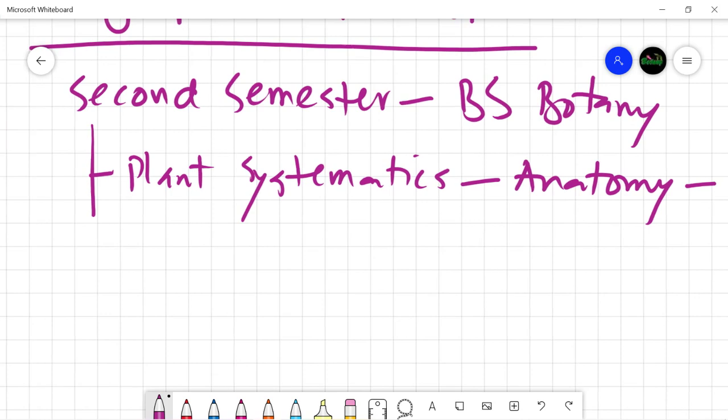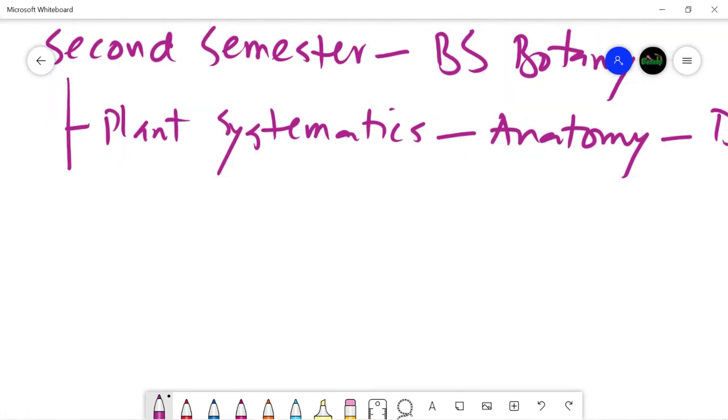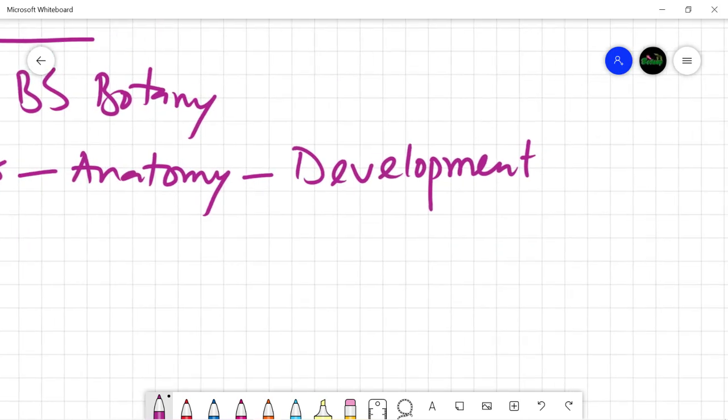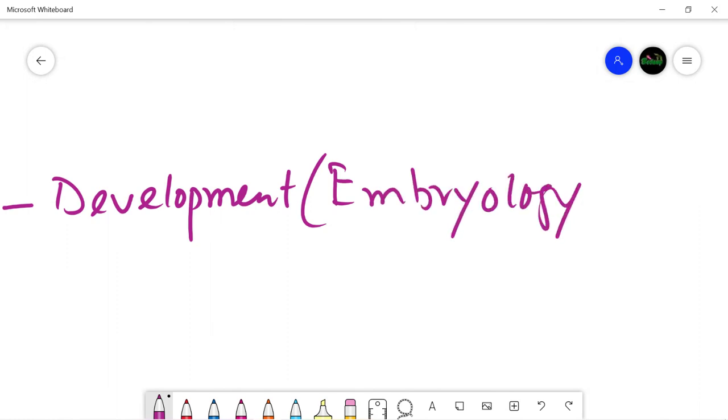And part of this plant systematics portion of this outline is the morphology. And all of these topics, like systematics, anatomy, and then the development or embryology, are about angiosperms.